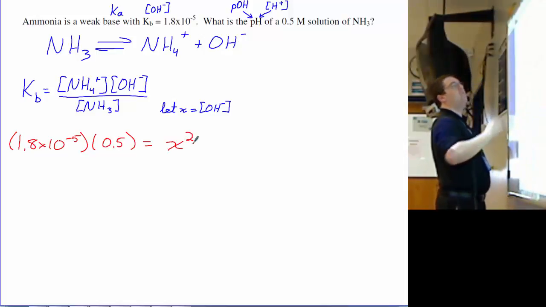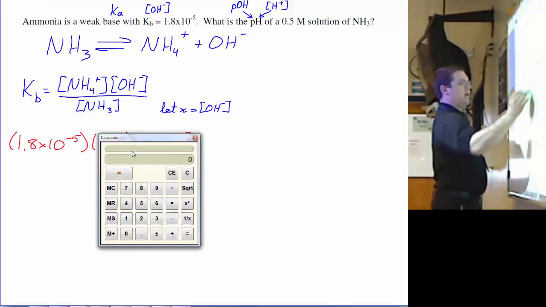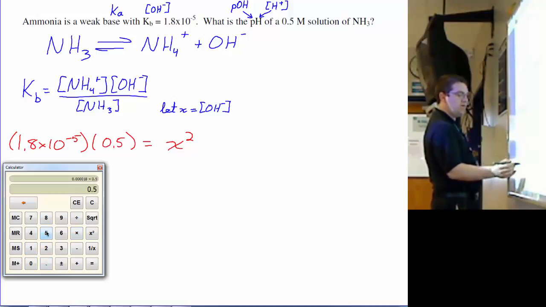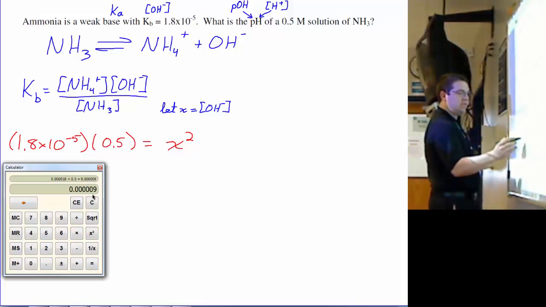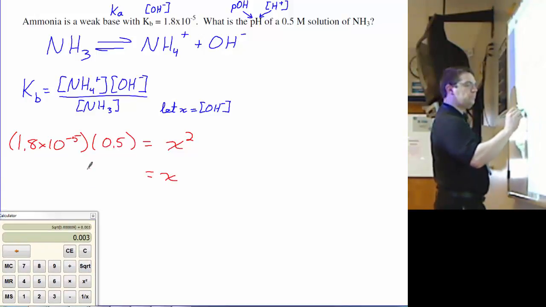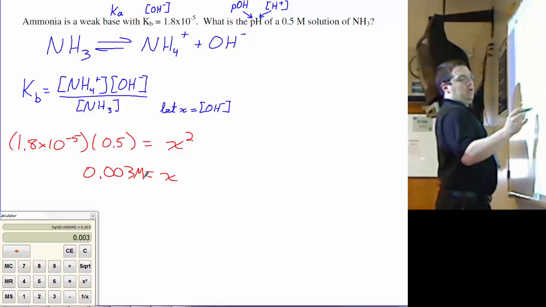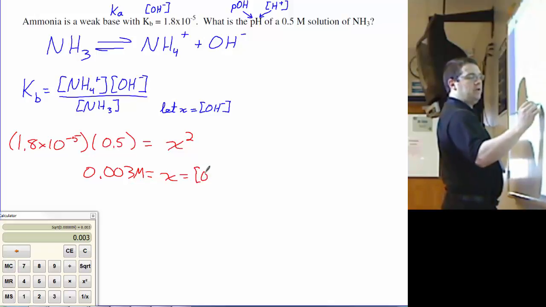So with our plug and chug, we have 0.000018, and I'm going to multiply that by 0.5. That's going to give me 9 times 10 to the minus 6th, and then I need to take the square root of that, so that's going to give me 0.003, or 3 times 10 to the minus 3rd molar. And that's the hydroxide ion concentration.